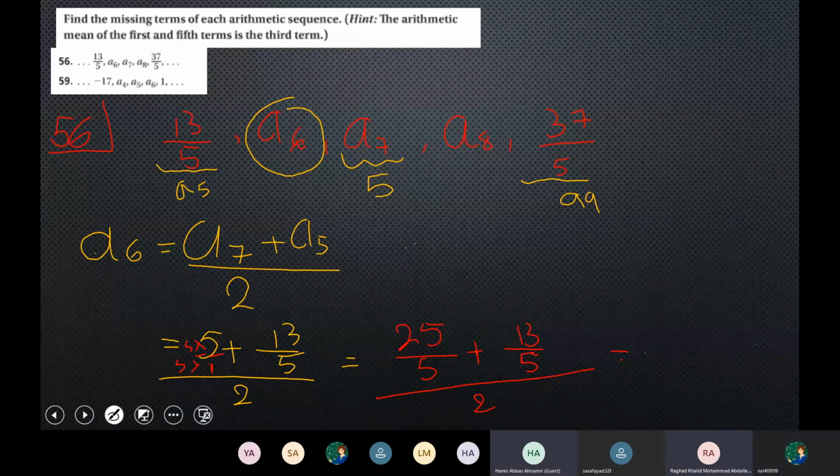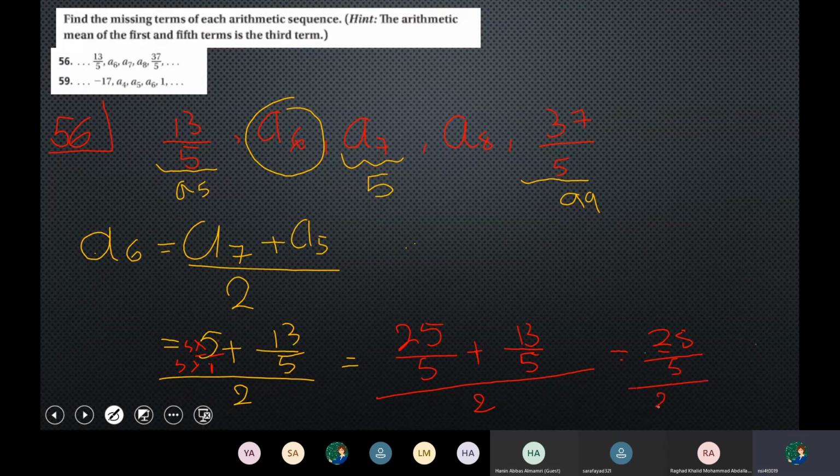After it's divided by 2, the final answer: it was 38 over 5 over 2, which is 38 over 10, which is 3.8.